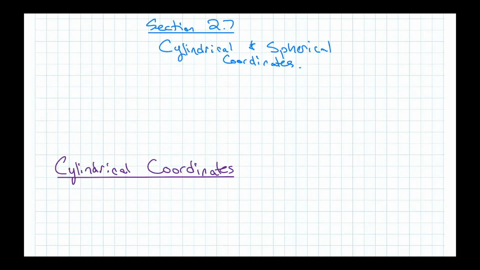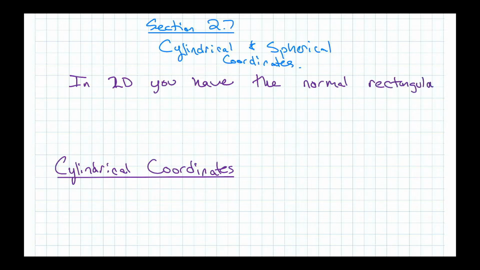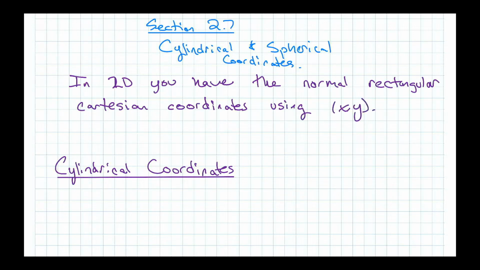Just like in 2D, in two dimensions, you have the normal rectangular coordinate system, which some people will say rectangular and some people will say Cartesian coordinates, using X and Y, right? That's how you normally do it.